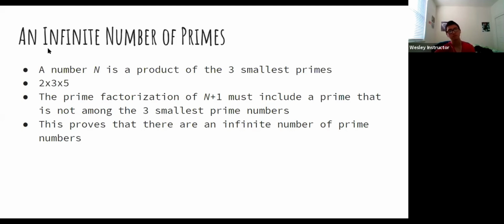Can you guys please stop doing that? I saw a big square. So 30 plus 1 is 31, and that number is prime, so we get a new prime number. So this proves that there are an infinite number of prime numbers. We can do this for even bigger numbers, way bigger than 30, and this will remain true.